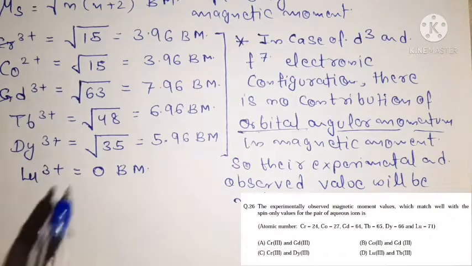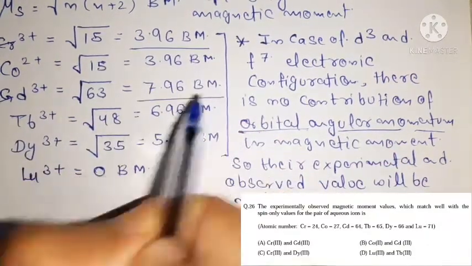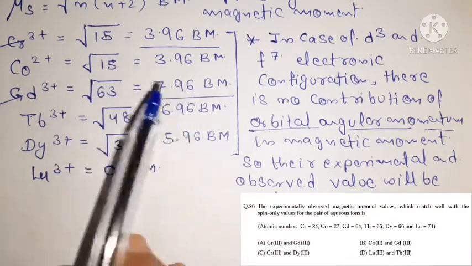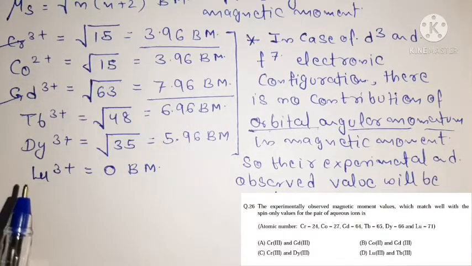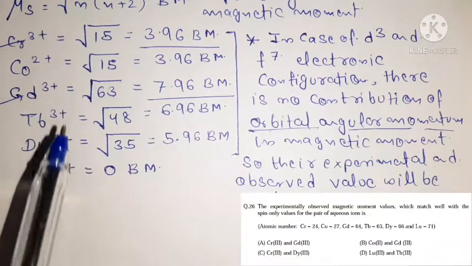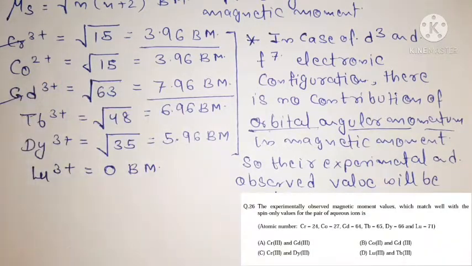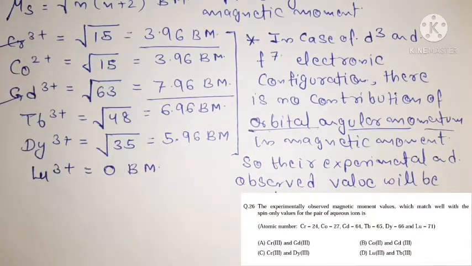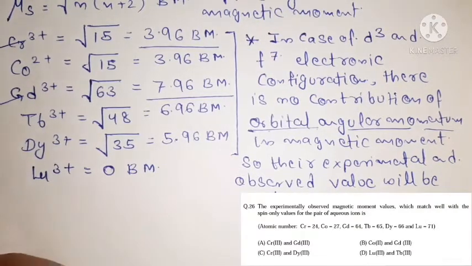So their magnetic moment values will be 3.96 and 7.96 Bohr magneton respectively. And the values for other metal ions will be different, because in their magnetic moment there is contribution of orbital angular momentum also. Okay, so only chromium 3 plus and gadolinium 3 plus have the same experimentally observed magnetic moment values and spin only values. So that means your option A will be the correct answer.